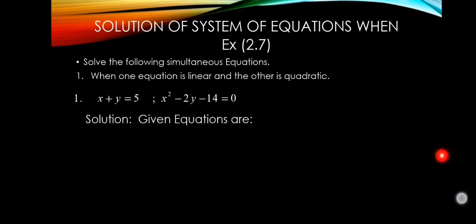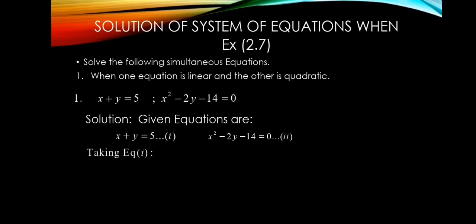We are going to solve this system of equations. The given equations are x plus y is equal to 5, and x square minus 2y minus 14 is equal to 0. Since the equations differ in degree, we will follow the substitution method in order to find out the values of x and y.